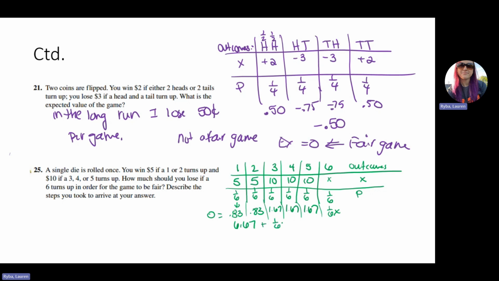$6.67 plus 1/6 x has to equal 0. If I want to solve for x, I'm going to subtract the 6.67 to the other side. I'm going to come up here for those of you in the back so you can see it. So negative 6.67 equals 1/6 x.